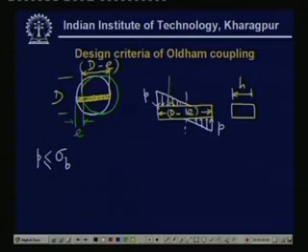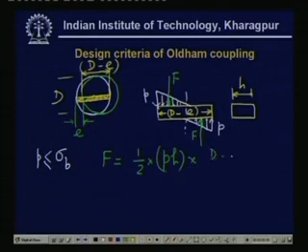here the equivalent load is F, and F is equal to half times P times H, the area of this triangle, PH being the force per unit length, times (D minus E)/2.